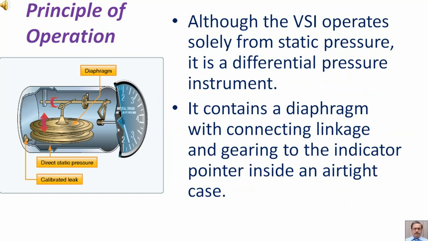Although the VSI operates solely from static pressure, it is a differential pressure instrument. It contains a diaphragm with connecting linkage and gearing to the indicator pointer inside an airtight case.